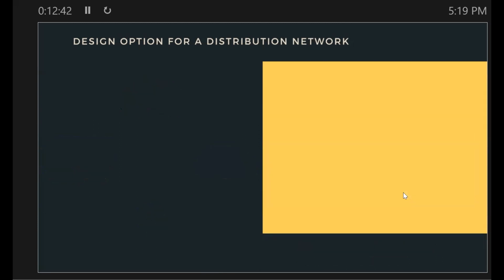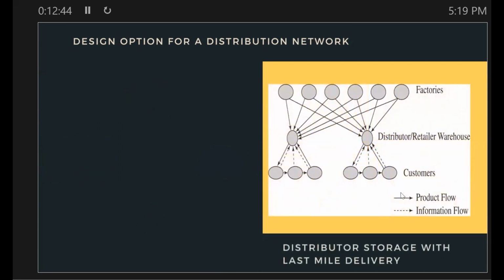Next distribution network is the storage with last mile delivery. This refers to the retailers delivering the product to the customers instead of having a package courier. So unlike before, this will be delivered directly to the customers. The route of this delivery is relatively close to all the dispatch locations.